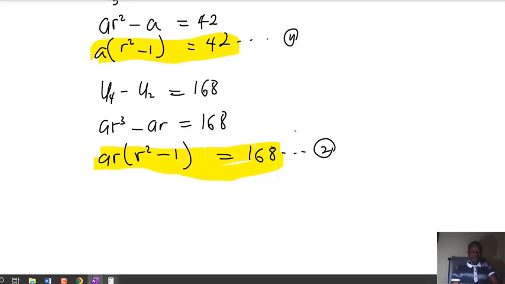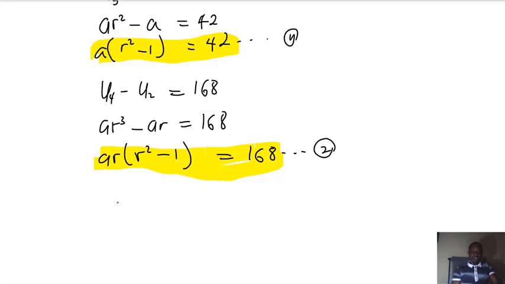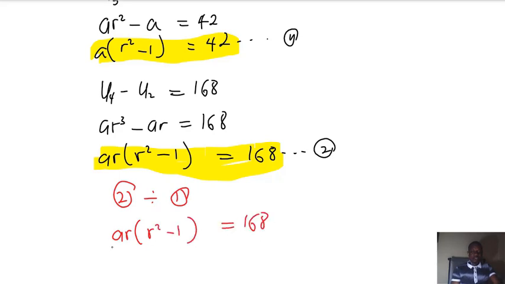Okay, so here let's divide equation 2 by equation 1. So equation 2 divided by equation 1. So we have AR times the bracket of R squared minus 1 equal to 168, all divided by A times the bracket of R squared minus 1, which is equal to 42.